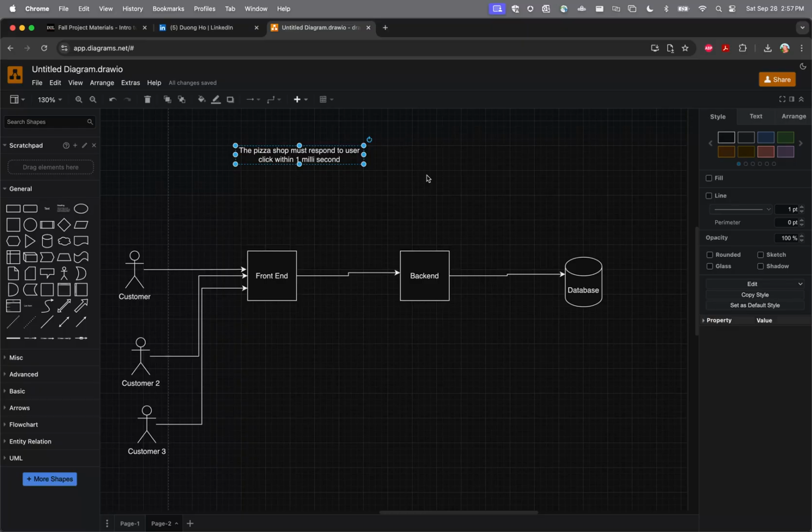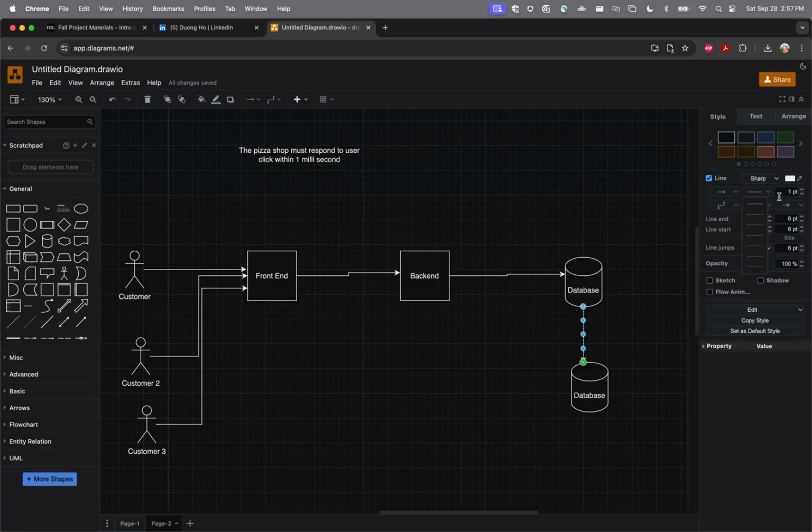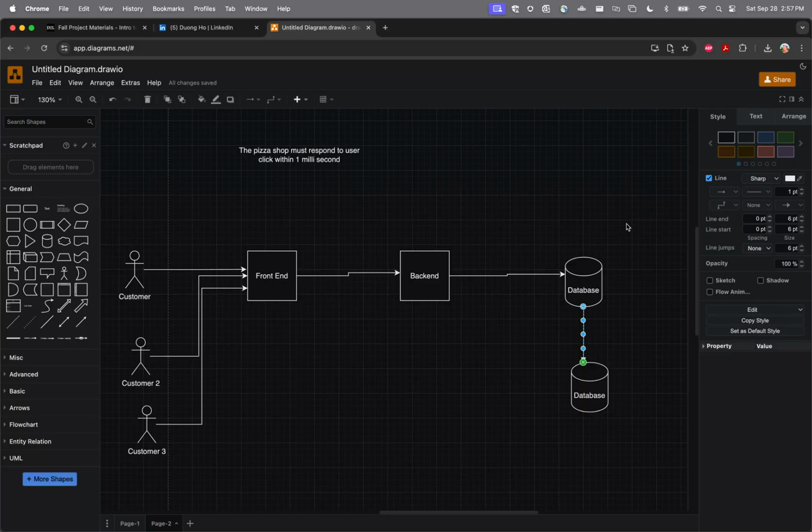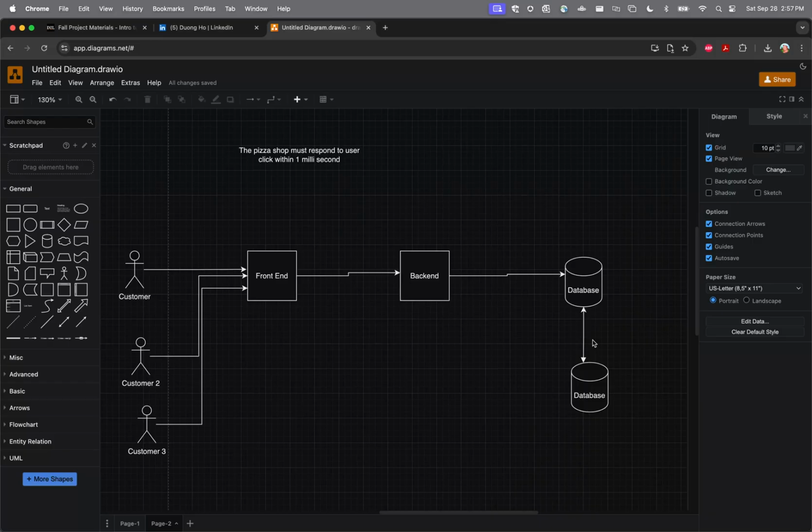You have database one and you also have database two. They run simultaneously. It doesn't matter what runs first or second. The whole point is we want both of them to run so that both databases can be used to support these customers, with two-way data synchronization.